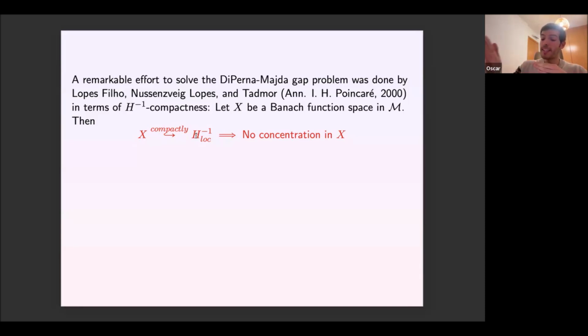But as I told you, there is a symbiosis between vorticity and velocity via the Biot-Savart law, and then working with this compactness, one can go from the strong convergence in H^-1 of vorticities to a strong convergence in L^2 of the velocities. All right? But this is very easy to state, but not so easy to prove, because the path from vorticity to velocity via the so-called Biot-Savart law involves the action of non-local operators.